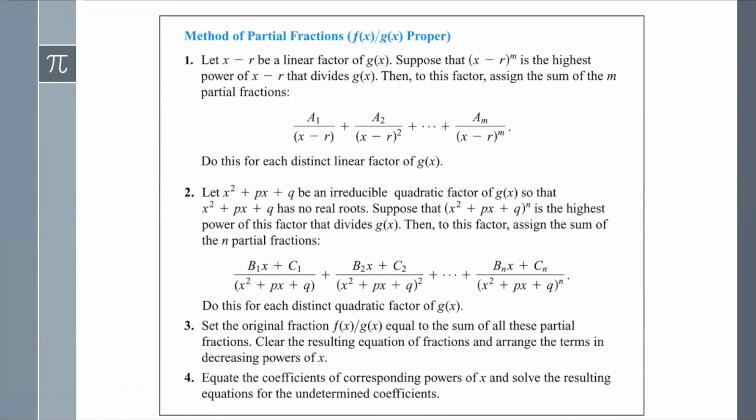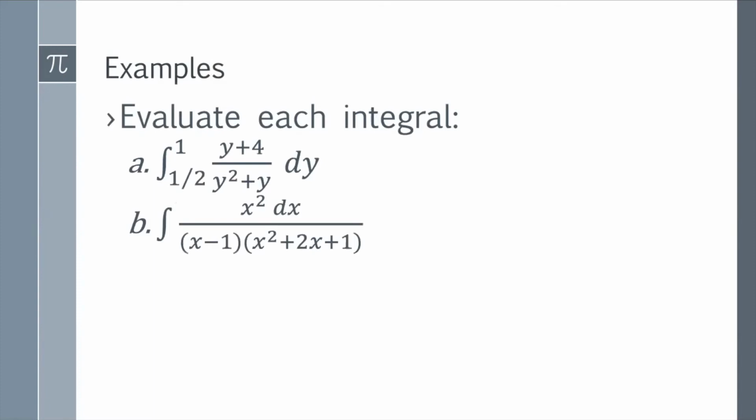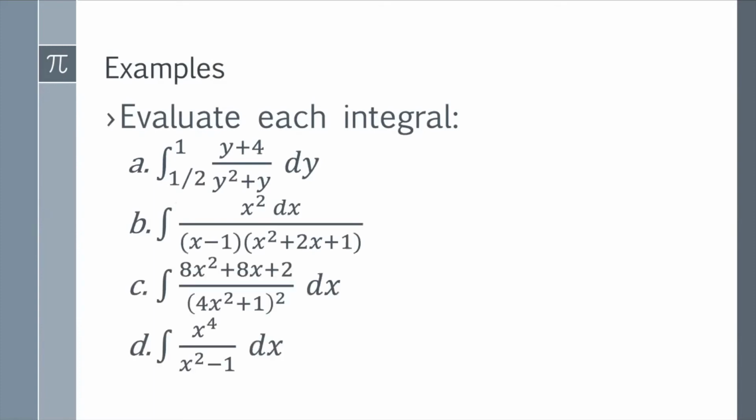I think my way is often easier, not always, but at least half of the time. All right, so that brings us to our examples. We're going to go over 4 examples. Some of these are going to be a little time consuming, but let's just get started with the first one.